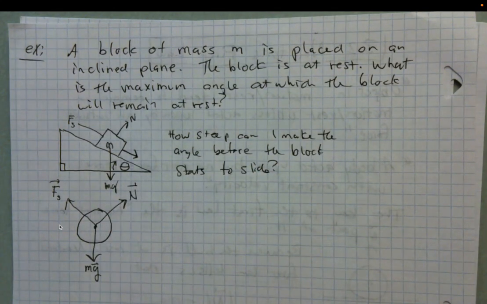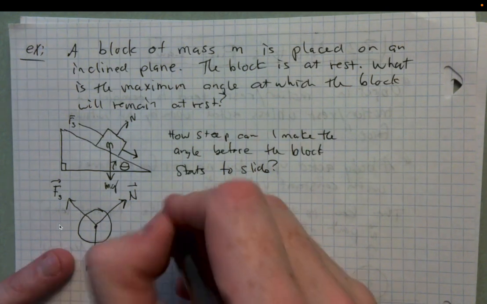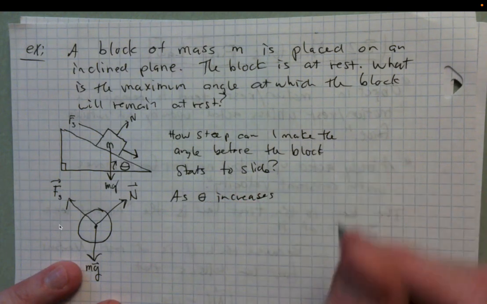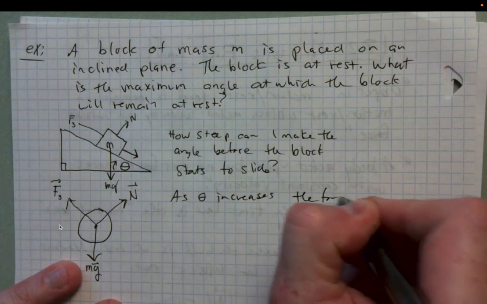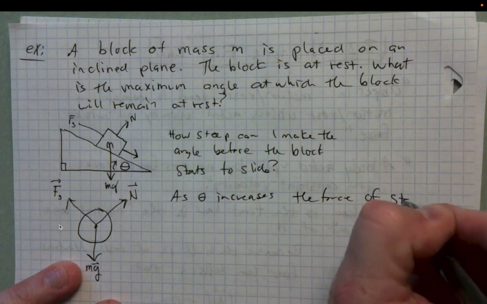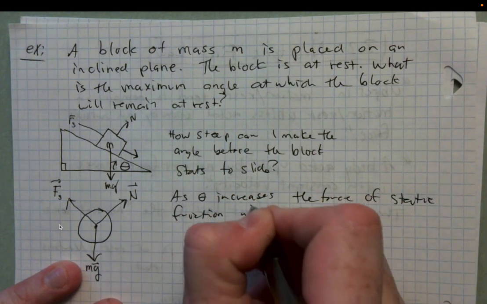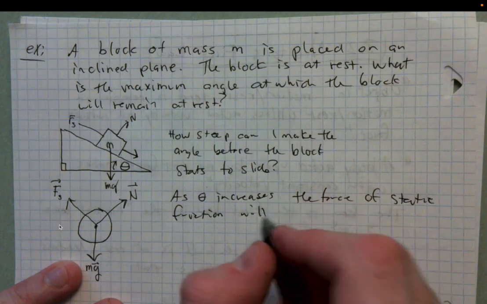At a certain point, if the angle gets too high, then the force of gravity gets too strong and it overcomes the static friction force, is essentially what happens. So as theta increases, the force of static friction will increase.